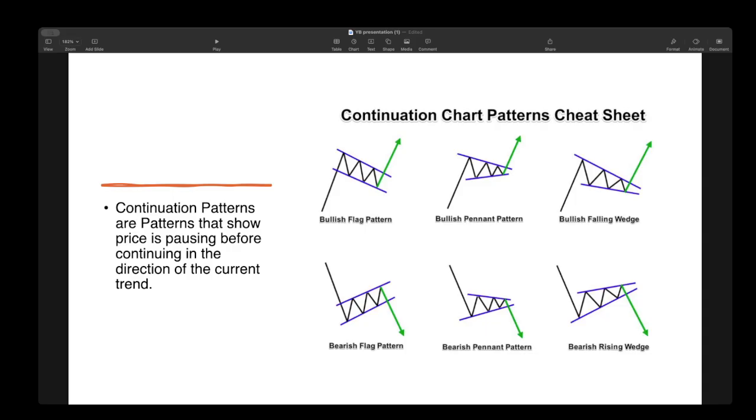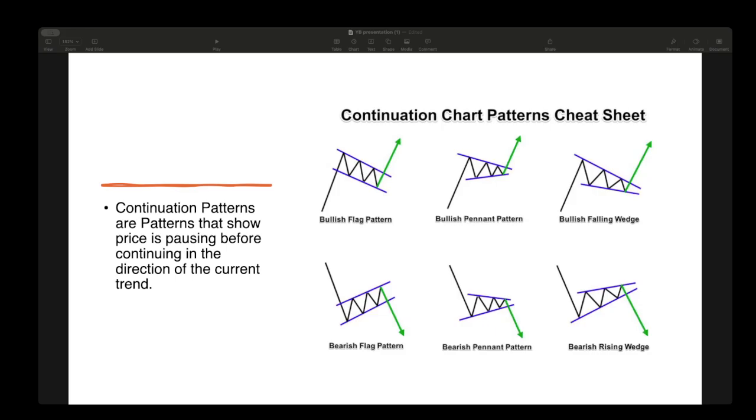Next up, we've got the continuation chart patterns, which is essentially the same thing that I just mentioned, right? These all represent the same thing. A flag, a pennant, and a wedge essentially all mean the same thing. Continuation patterns are patterns that show prices pausing before continuing in the direction of the current trend.